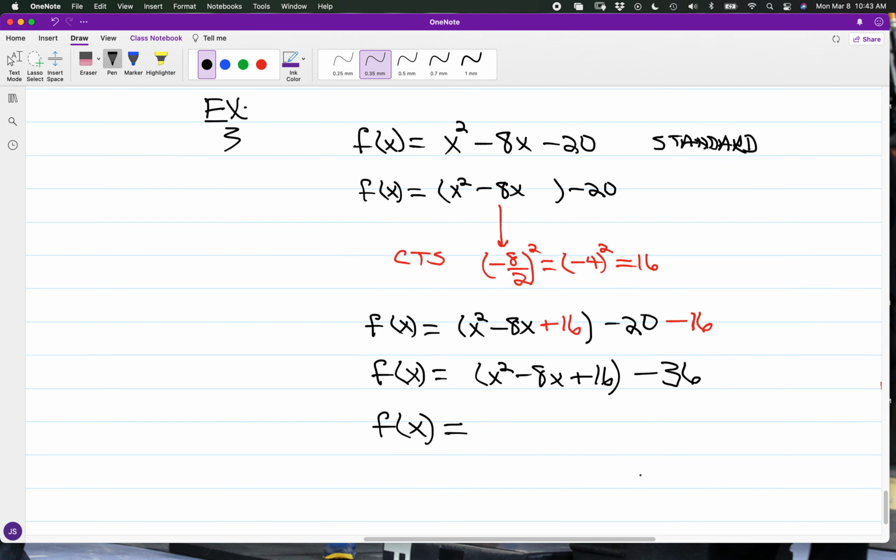And so we have x squared minus 8x plus 16. So I'm going to have a square trinomial. And again, x squared is going to be the square of x. Now, in terms of the minus 8x plus 16, how I got to 16 in the first place was squaring out negative 4. And this is going to resurface in the vertex form.